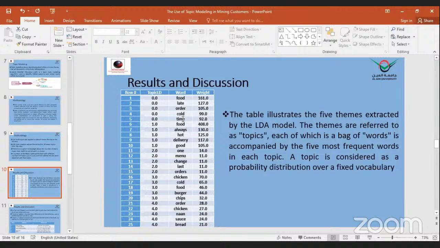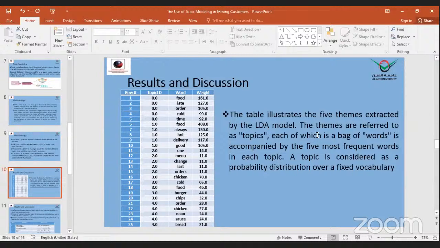These are the most frequent words mentioned within this topic, and the same is done for topic number 1, topic number 2, 3, and 4.